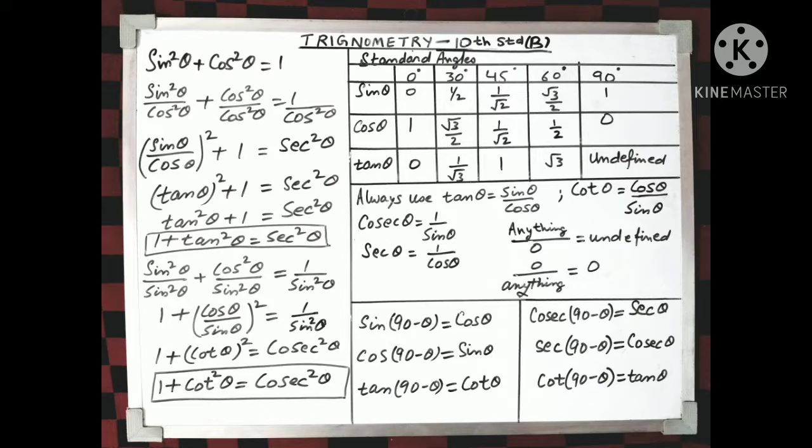Cosec 90 minus theta is equal to sec theta. Sec 90 minus theta is equal to cosec theta. And cot 90 minus theta is equal to tan theta. We have to remember these also because some different types of questions will be related to these complementary angles, right?